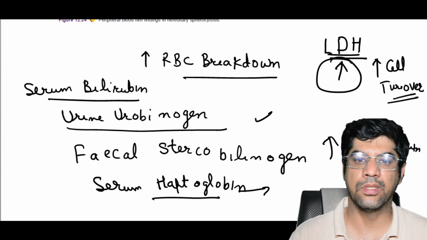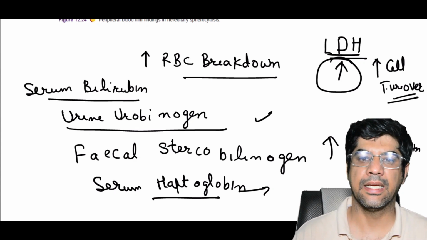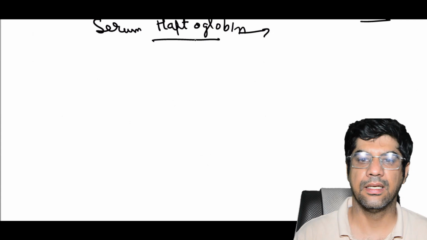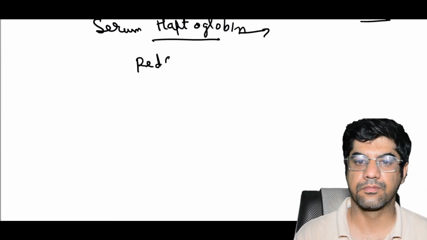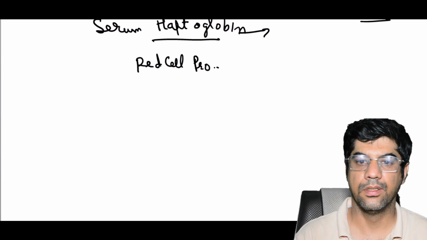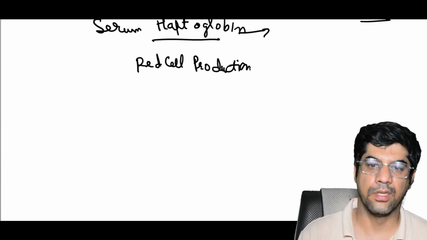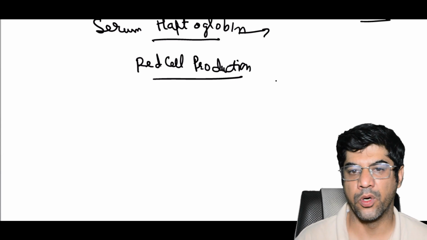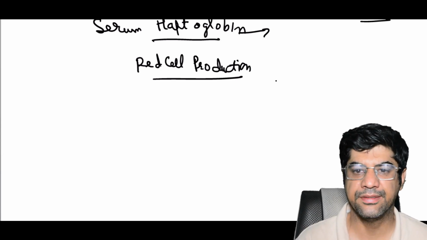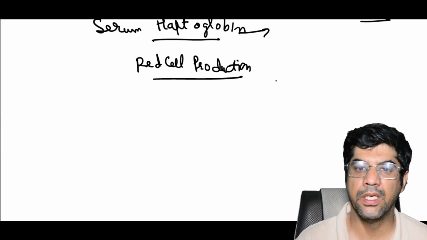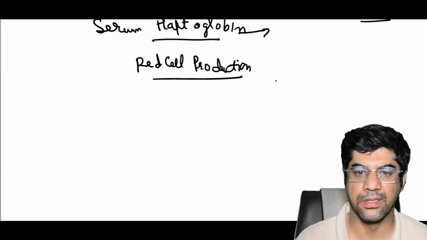Other tests indicate increased red cell production. The body's response to increased RBC destruction would be increased red cell production.